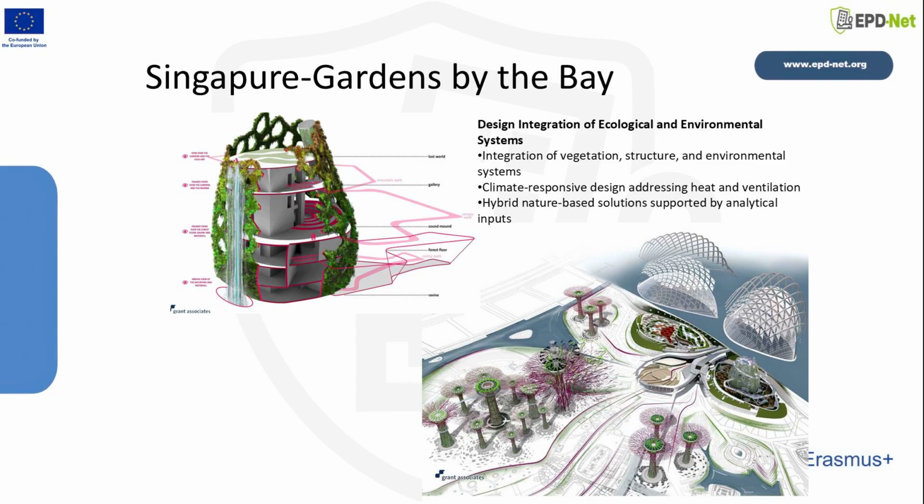Following implementation, GIS continued to function as a monitoring and management tool. Spatial monitoring of vegetation health, maintenance zones, and visitor flows made it possible to assess the project's long-term environmental performance. In this respect, GIS in the Gardens by the Bay project operated not only as a pre-design analytical tool, but as a comprehensive decision support system linking planning, implementation, and post-implementation phases.